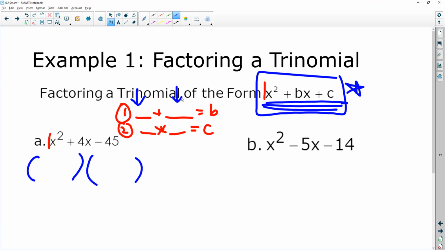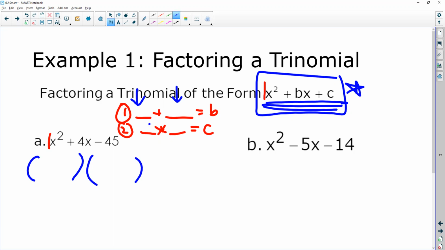I'm always going to start with the multiplication because it helps me understand what the choices are, because I can make negative 45 in a bunch of different ways, but then I'm going to try to make positive 4 out of the results. So if I think about 45, I could do 15 and 3, so negative 15 and positive 3, or negative 3 and positive 15. That's not going to get me a 4. I could do 9 and 5 though.